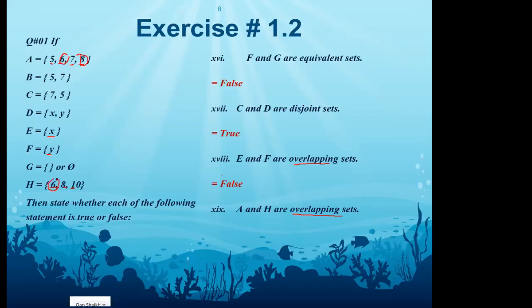And 10 is different and 5 is different. So yes, they are overlapping sets. You will say true. The answer is true. Is this interesting, students? You will solve it when you understand the definitions properly.